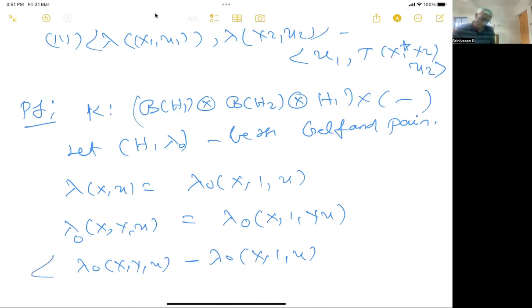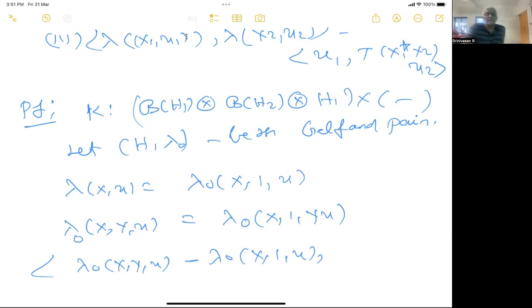But u is in H1, right? And Y is in B of H2. That's right. So I have to take H2, I think. Yeah, you have to take H2 only there, because T is a map from H1 to H2. That's right. So B of X star X will be in B of H2. No, u is H1 only. T comes from H1. The other one is H2.